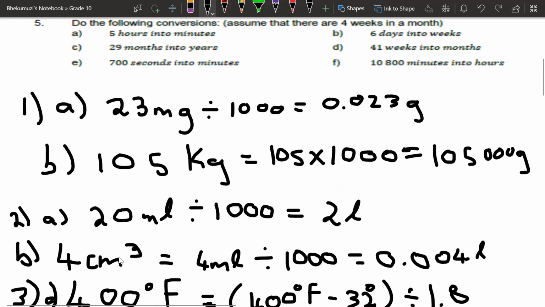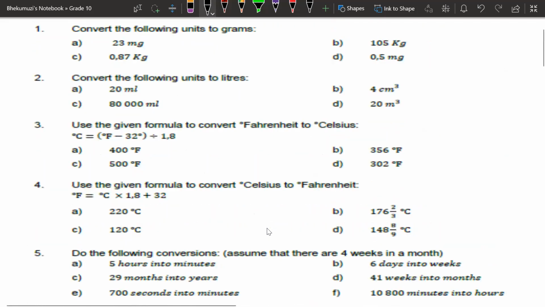So we have 4 centimeters cubed, which is equivalent to 4 milliliters. And when we convert this into liters, because that's what the question is asking, we divide by 1,000, therefore 0.004 liters. So we've done number 2.